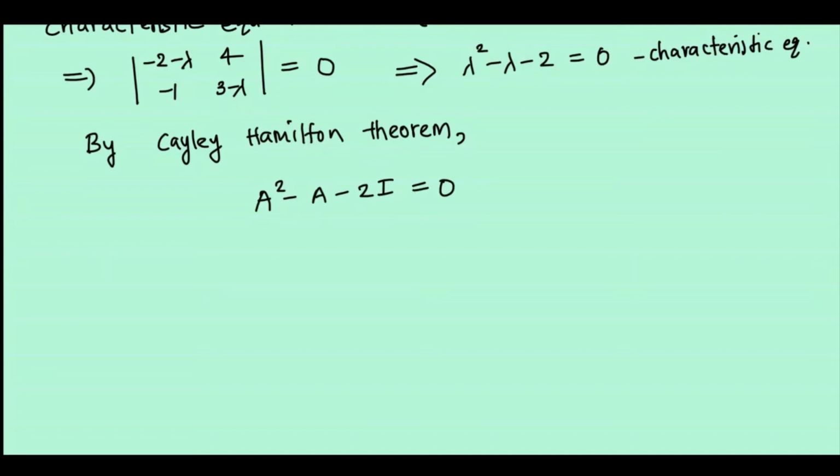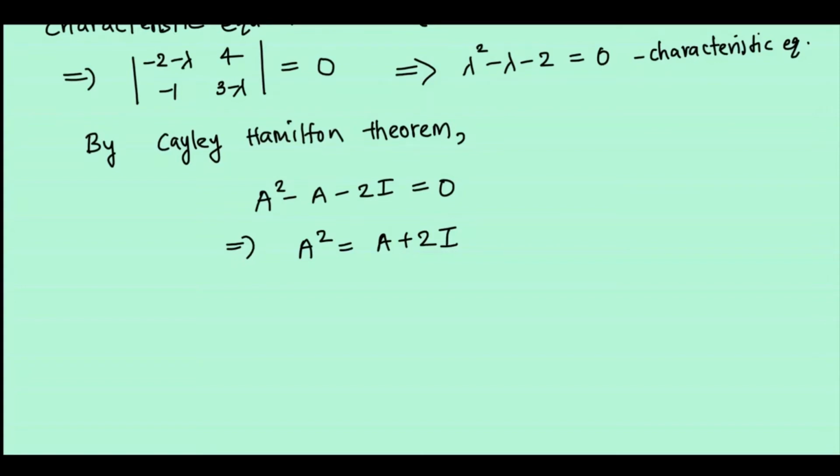So the matrix A is satisfying its characteristic equation. So from here we will get A square is equal to A plus 2I. So A is the given matrix. So if we want to find A square, what we have to do is do A plus 2I. So in this way we will get the value of A square. So we need not do multiplication and find A square, but simply what we can do is A plus 2I. So we will get A square.